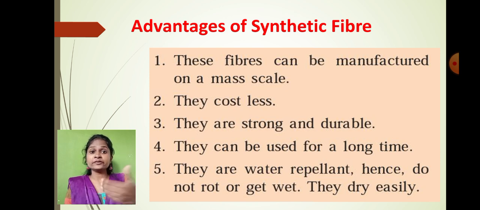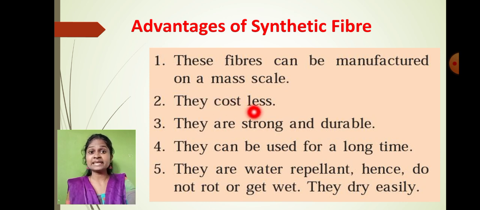To obtain wool and cotton, we have to kill the animals and the plants. To fulfill the demand of the increasing population, we have to increase the production of thread as well. So, to decrease the killing of animals and plants, we are using synthetic fiber, and it is very easy to obtain on a larger scale. So this is one of the advantages.